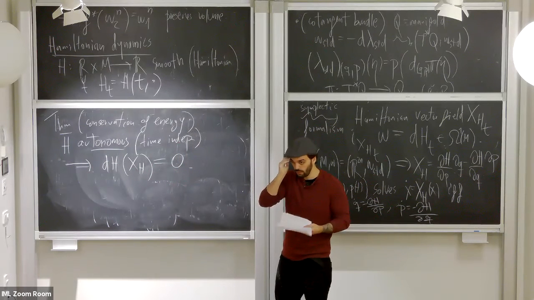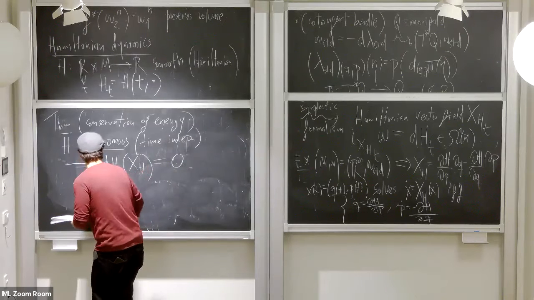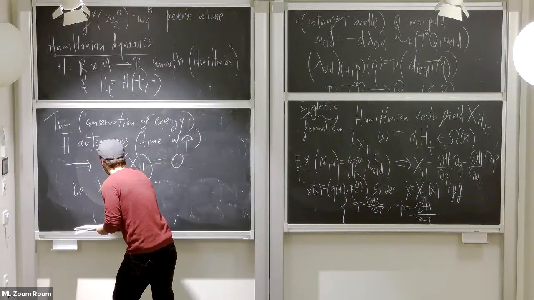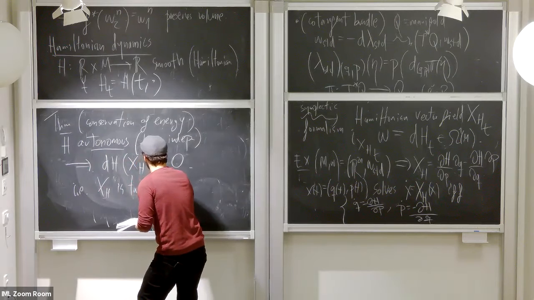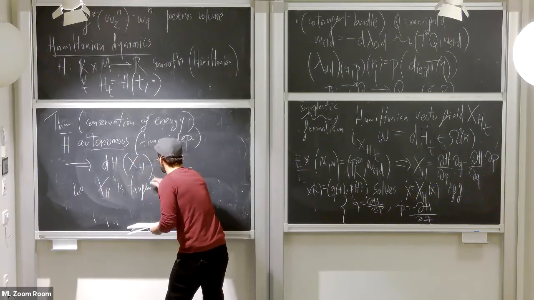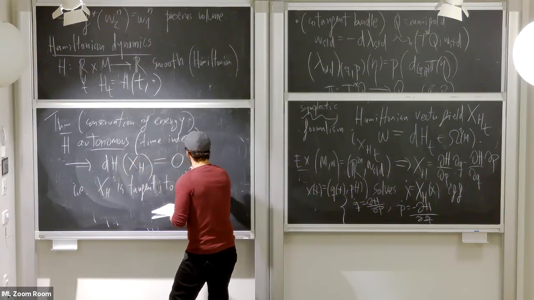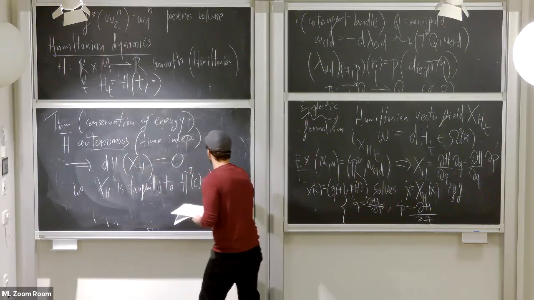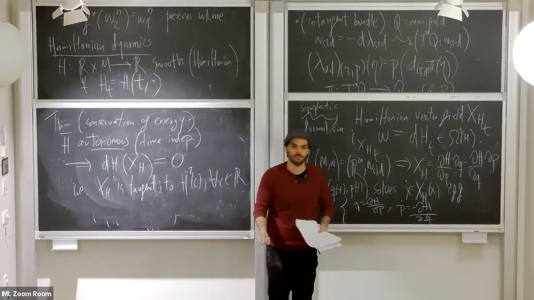In other words, X_H is tangent to every level set of H. Or in other words, every level set of H is invariant under the Hamiltonian flow.